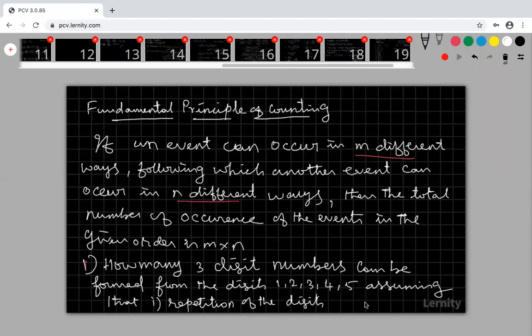Second question, repetition of the digits is not allowed.